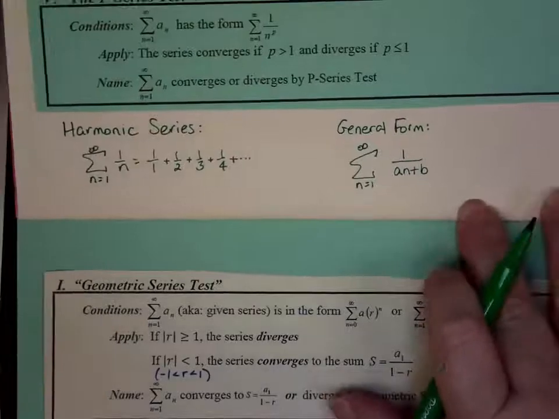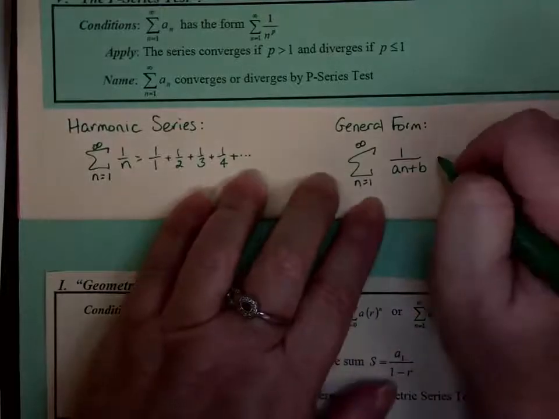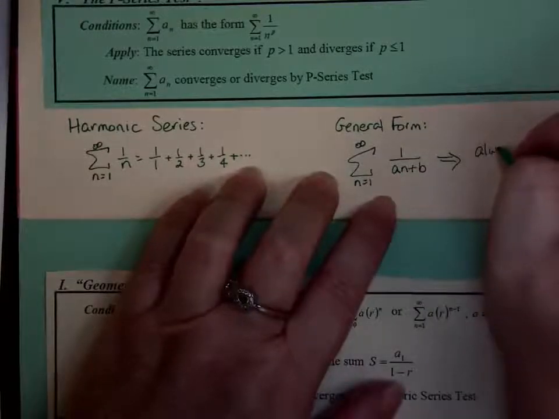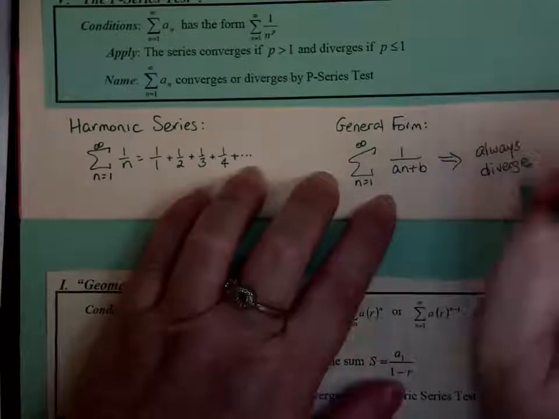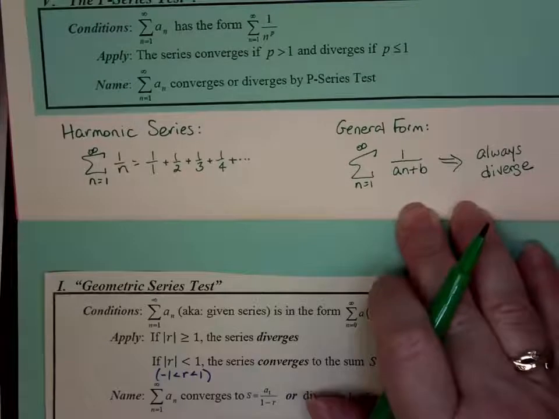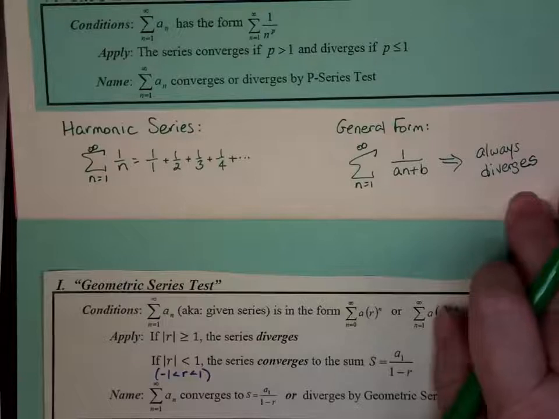As long as n is to the first power, that is going to be a form of a harmonic, and both of these always diverge. I'm going to put an s on the end because this always diverges. That looks better.